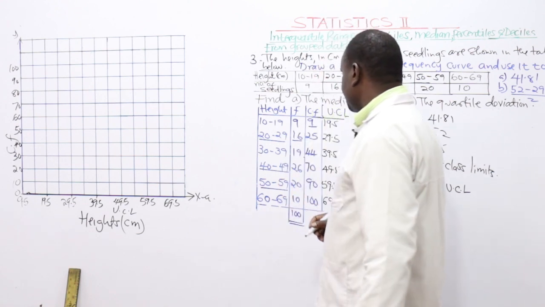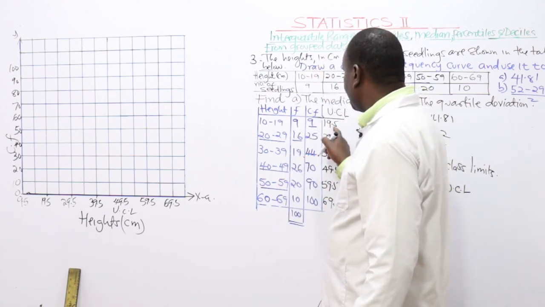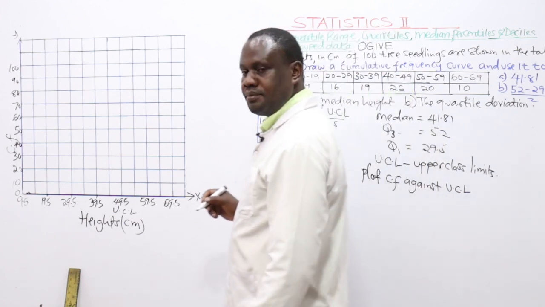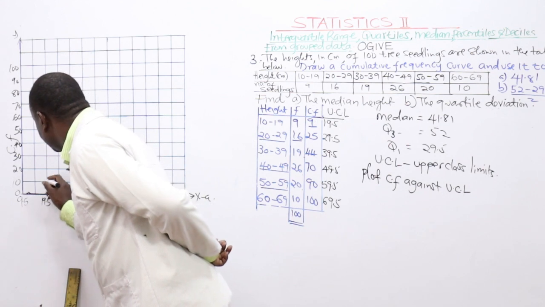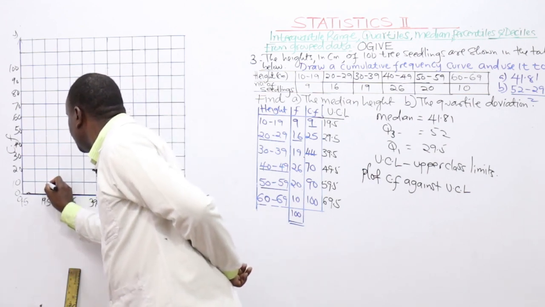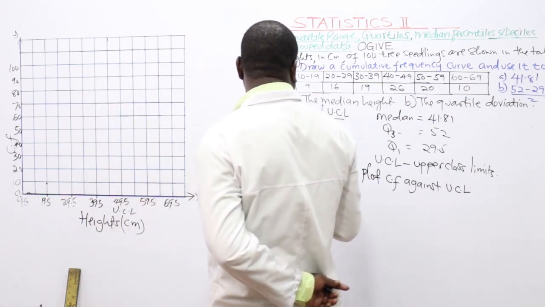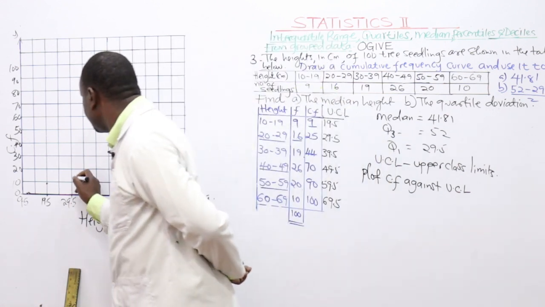Now we start plotting. At 19.5, we plot 9. You should be able to get 9 from your graph, just before 10. Then 29.5 is 25.